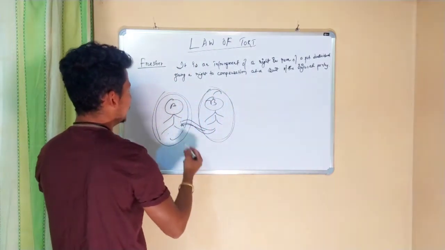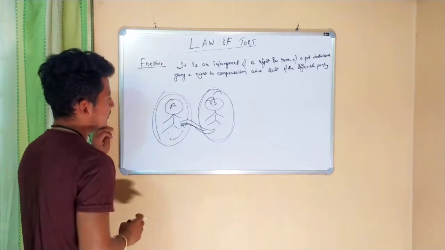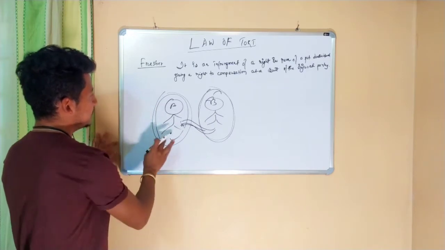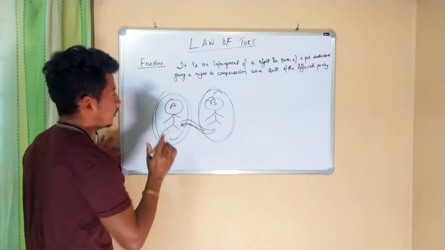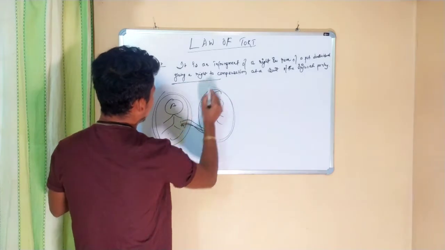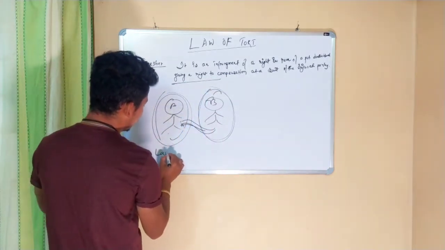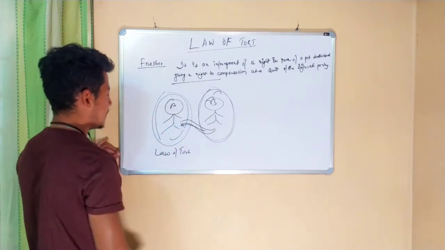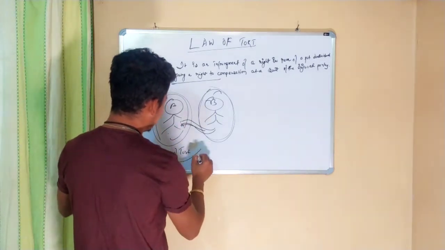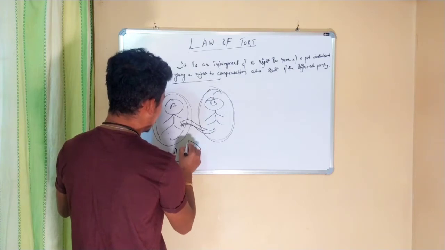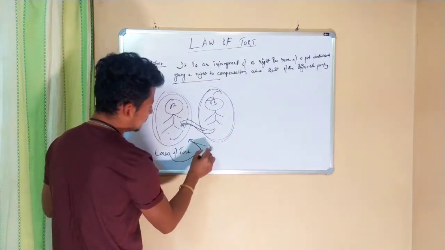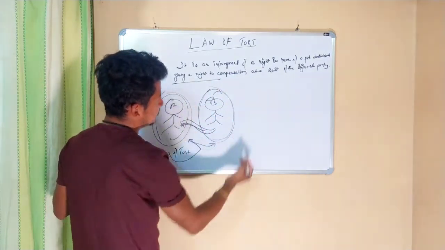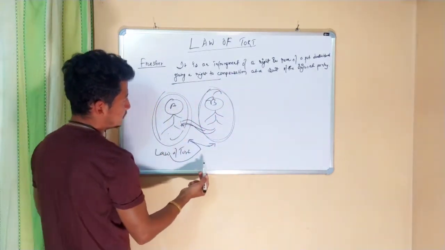And when his right in rem is violated, when his right of enjoyment is violated, what does the law of tort do? The law of tort gives A the right to sue B, to file a suit for compensation.